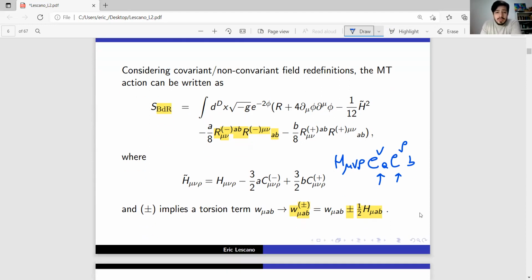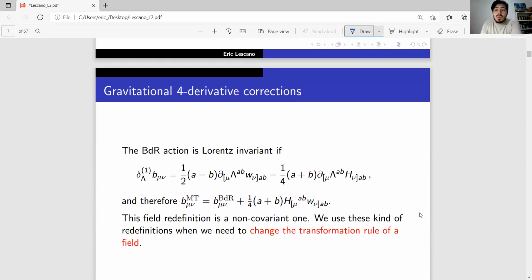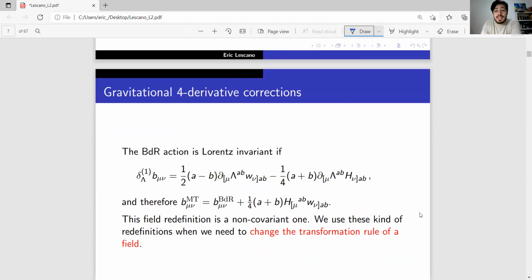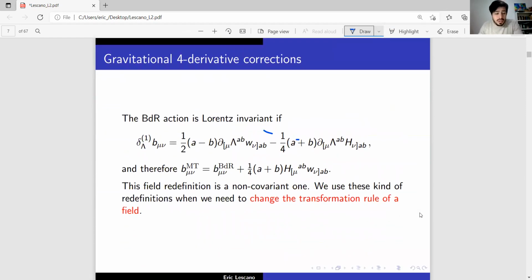So, for example, if we want to prove that this action is Lorentz invariant, we still need a Green-Schwarz mechanism, but it's not the same Green-Schwarz mechanism as the previous one, because we have field redefinitions. So we have a new Green-Schwarz mechanism. This is different. We have an extra term in our Green-Schwarz mechanism.